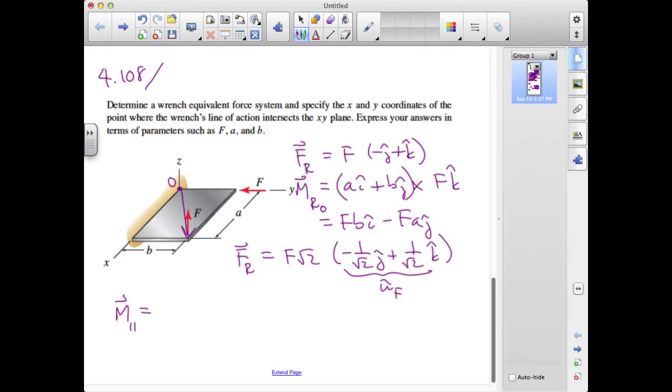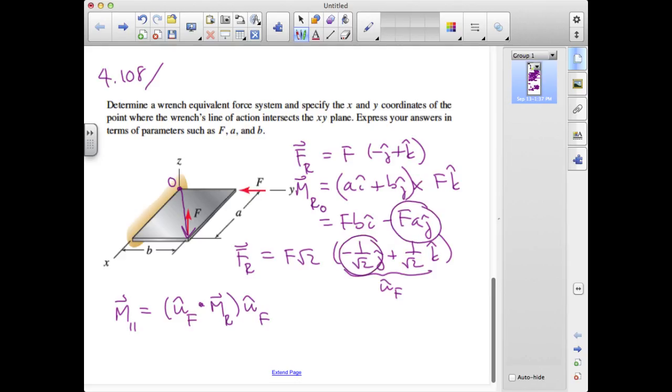So my parallel moment is equal to the dot product of my unit vector along the resultant force with the resultant moment. And so I can see here that when I take the dot product between UF and the resultant moment, the only non-zero contribution I'm going to get is from these two J components.